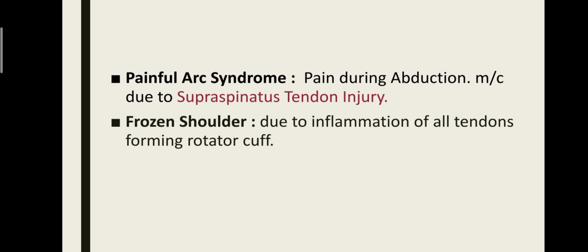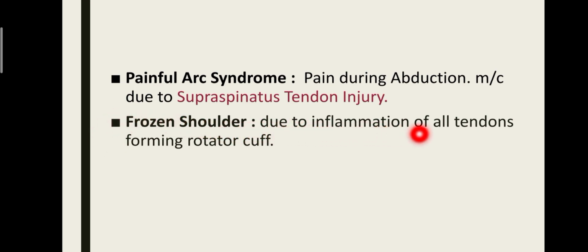And we also have two other applied topics. You can also write this for your rotator cuff. Okay, so it is painful arc syndrome. In this, pain is experienced during the abduction movement, and it is most commonly due to supraspinatus tendon injury. And the other one is the frozen shoulder.